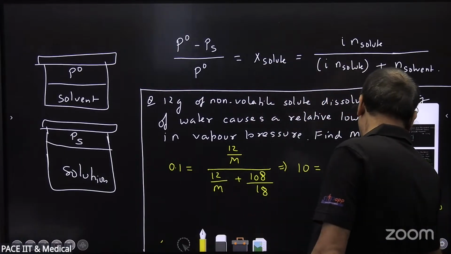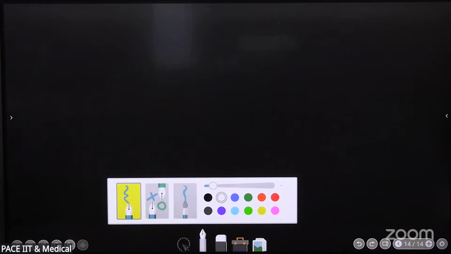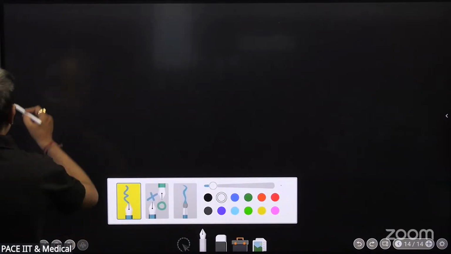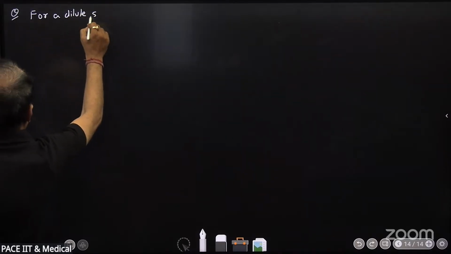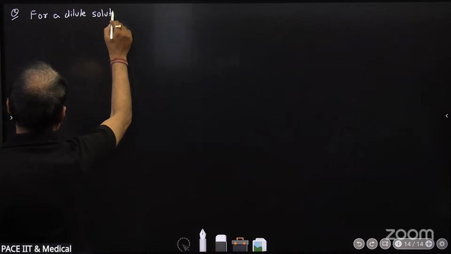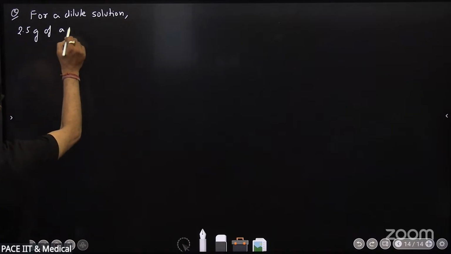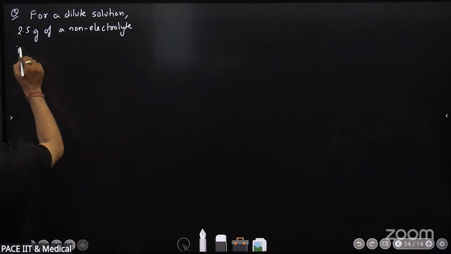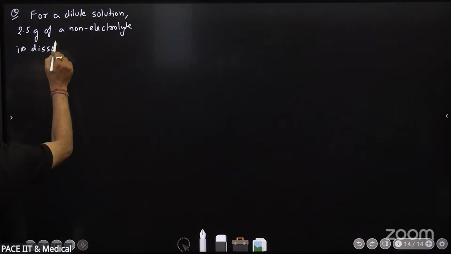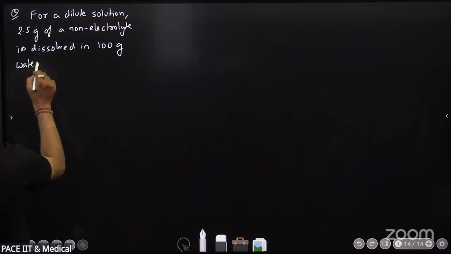Let's take the next problem. For a dilute solution, 2.5 grams of a non-electrolyte is dissolved in 100 grams of water.